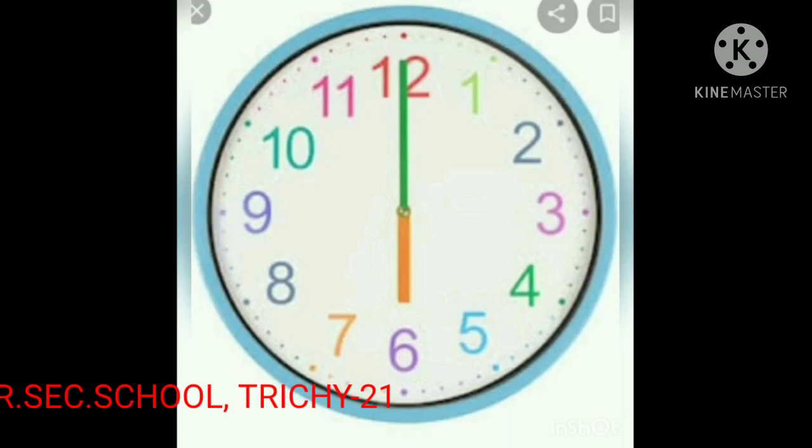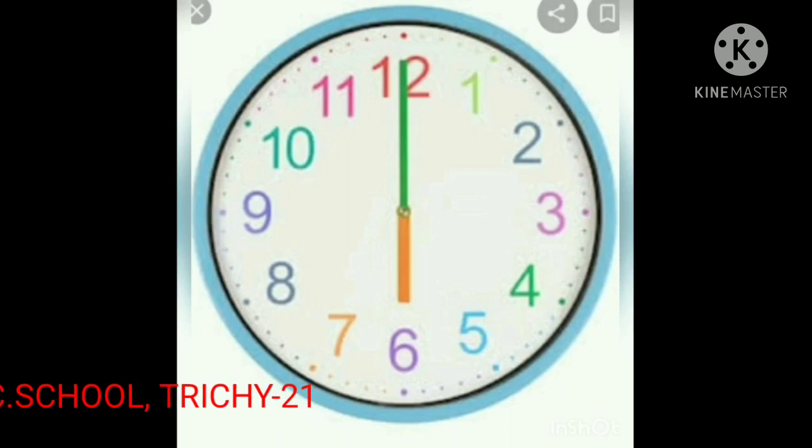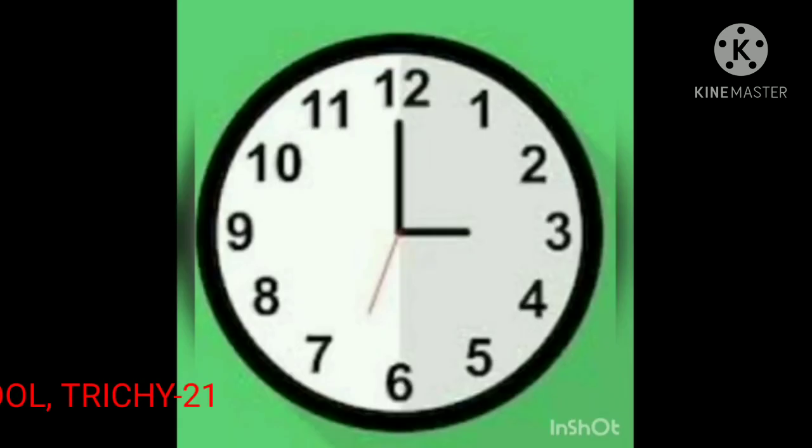The time is read as 6 o'clock, and the time is written as 6:00. So, 6 o'clock. Let's see one more example.